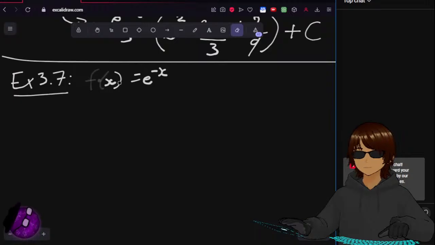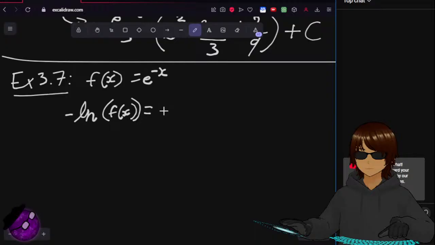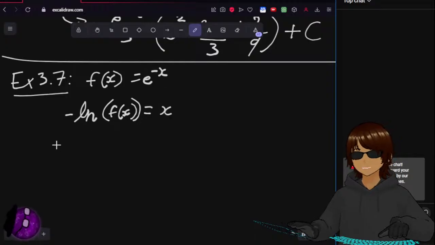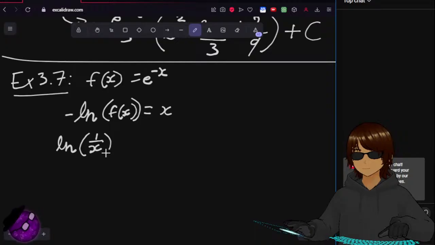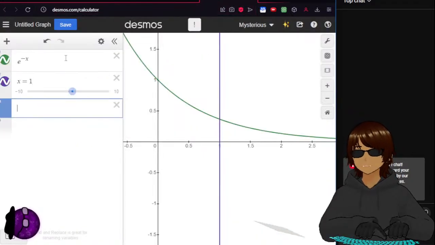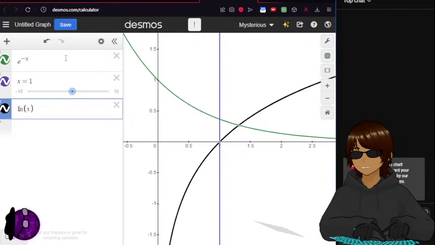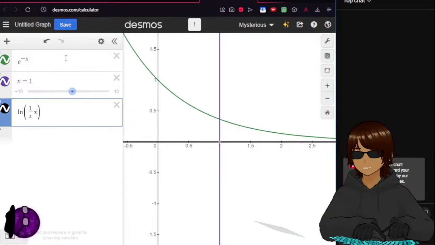So let's say I switch these two. This is the inverse function g of x, which is minus ln.